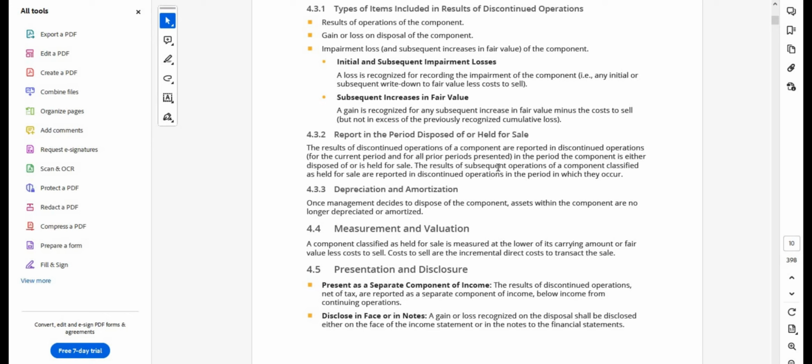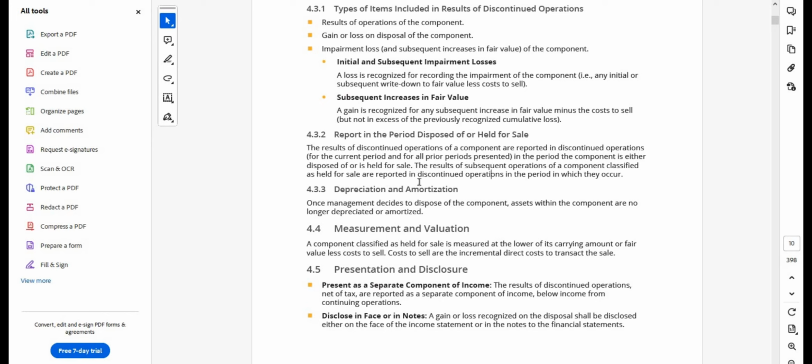The result of subsequent operation of the component classified as held for sale are reported in discontinuing operation in the period in which they occur. So after it has been classified as held for sale, it will be categorized under discontinuing operation.